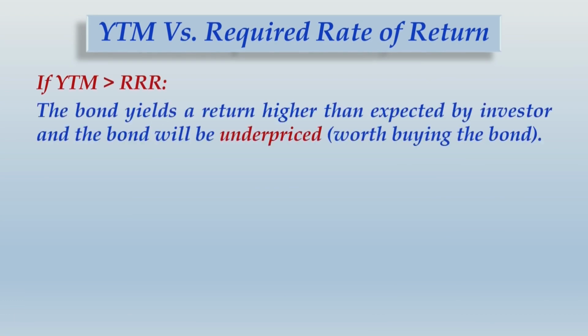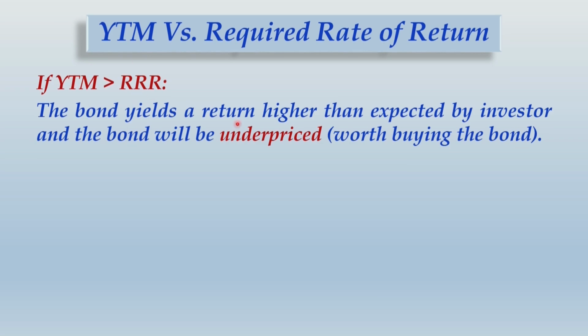If YTM is greater than RRR, the bond yields a return higher than expected by the investor and the bond will be underpriced, that is, worth buying. Why is it worth buying? Because it is offering you a yield which is greater than the rate of return that you require.